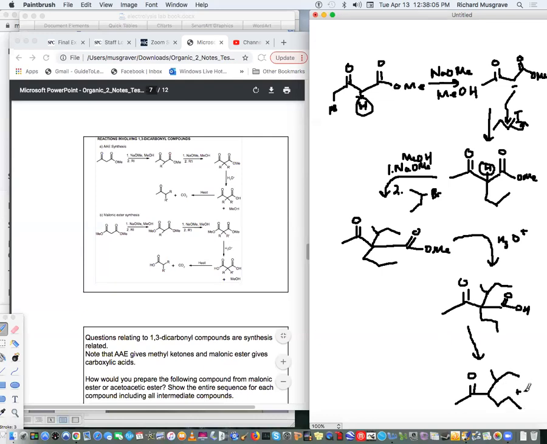Plus CO2. Now the mechanism goes like this.